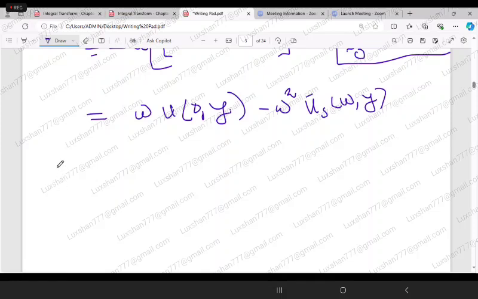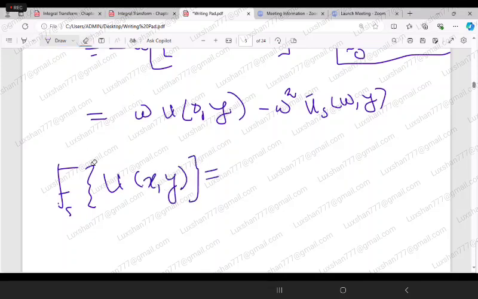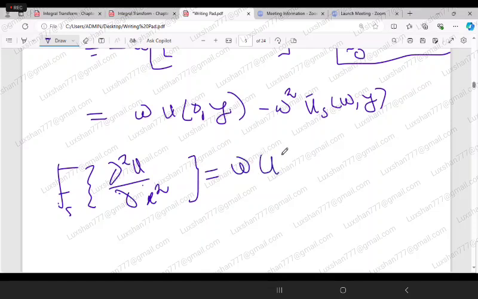Right, so that is the formula. Look at here, the Fourier sine transform of the second derivative, ∂²u/∂x², is equal to omega u(0, y) minus omega squared ū_s.